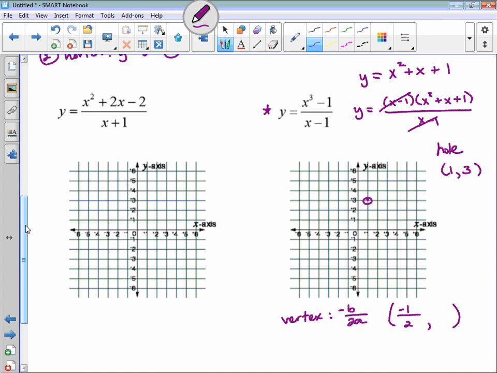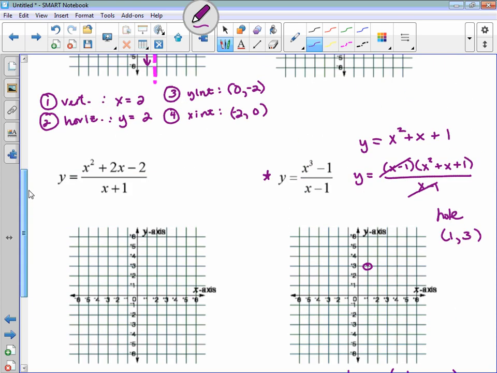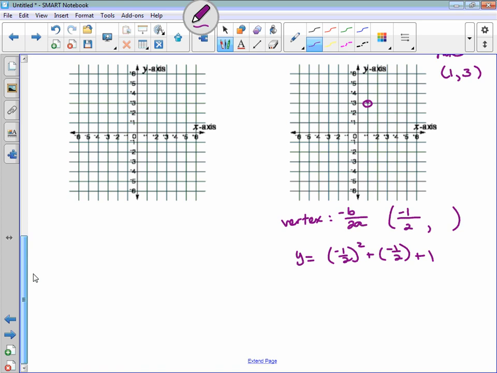Plug it in. So again, I'm plugging it into that x squared plus x plus 1. To find the y, I'm doing negative a half squared plus negative a half plus 1, right? So what is negative 1/2 squared? 1/4. And then I have minus 1/2 and plus 1.